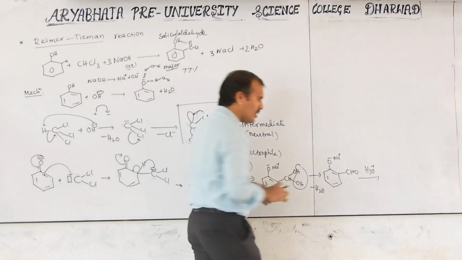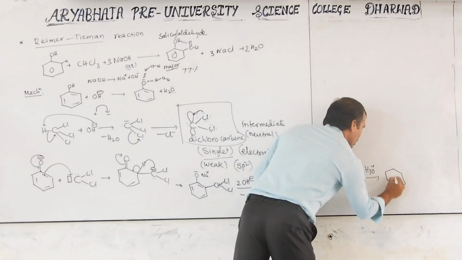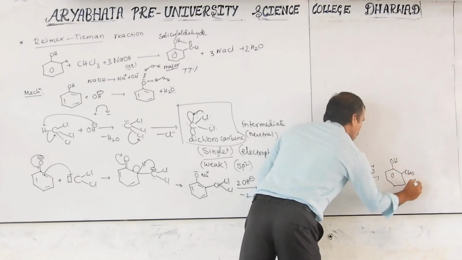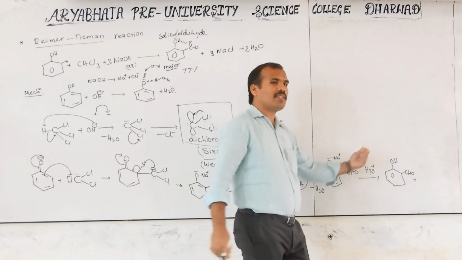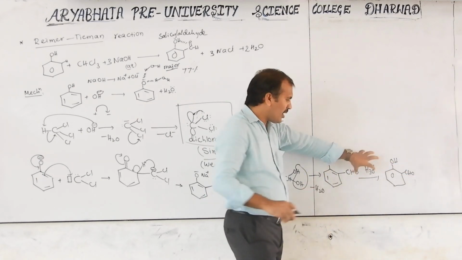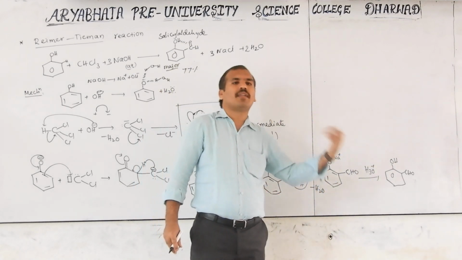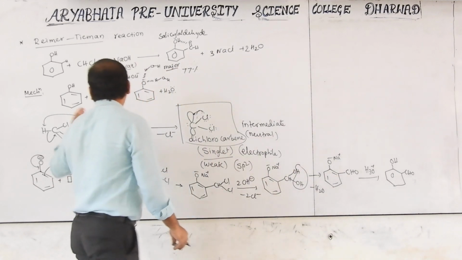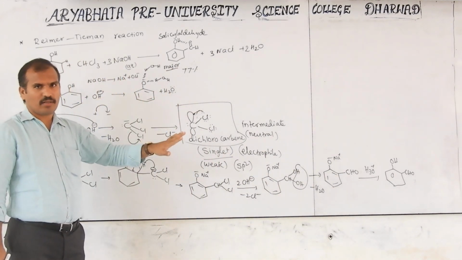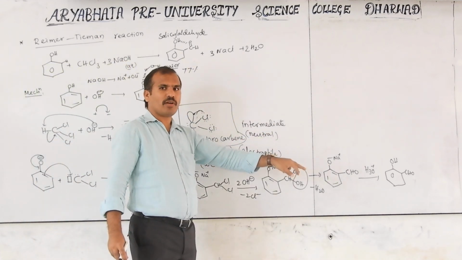When you add acid, H plus is added to the O minus, then it will be converted into OH, CHO, and Na plus with Cl forms NaCl. While we add acid in the last step, there is no further reaction, we have to stop there. Then we get salicylaldehyde as the major product.